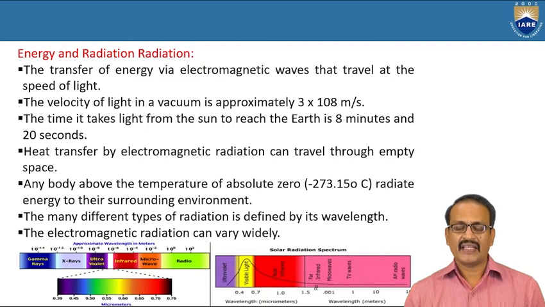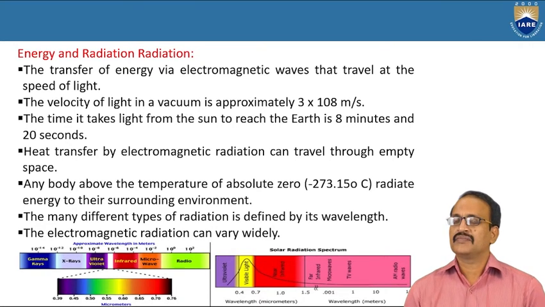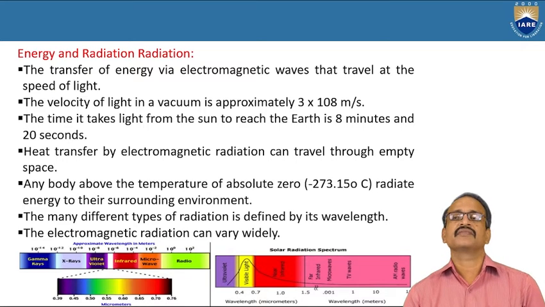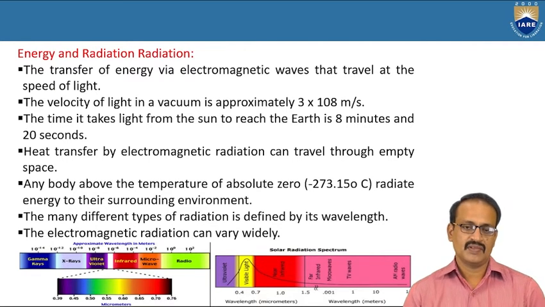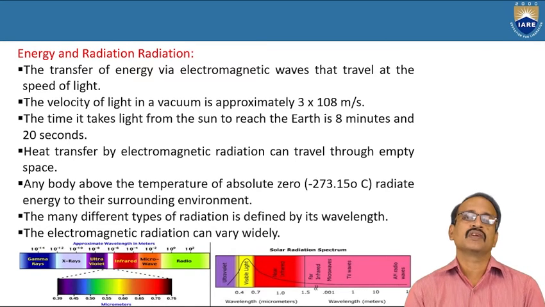So why does time exist? If you think seriously, it is due to revolution and rotation. This revolution and rotation varies for different planets in our solar system.